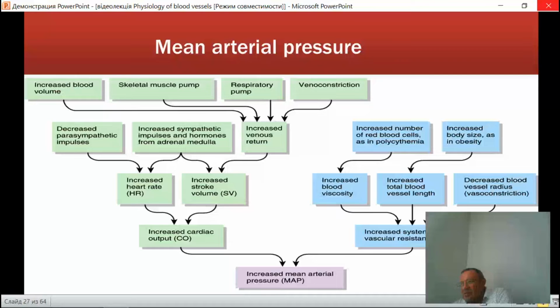The second line shows the connection between venous return, increased sympathetic impulses and decreased parasympathetic impulses. As a result, they increase heartbeat and stroke volume. This increases cardiac output and, as a result, increases mean arterial pressure.